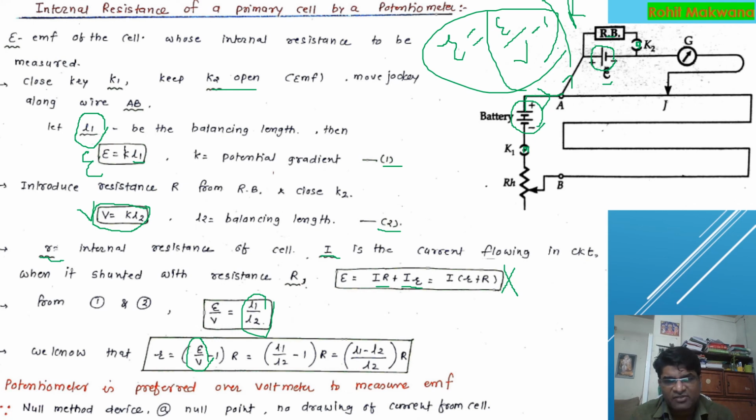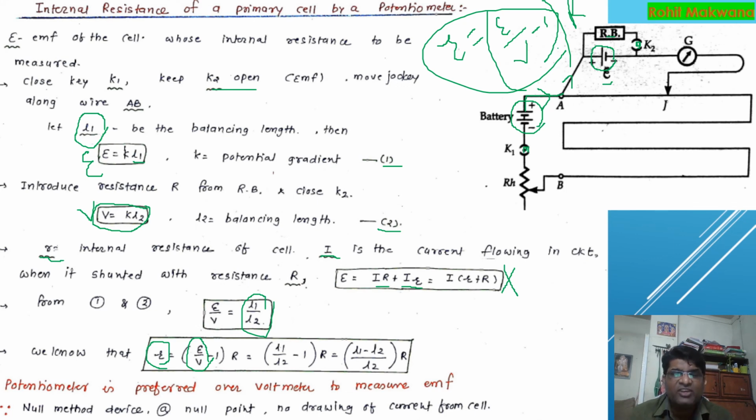You have discovered these values from the balancing, or by bringing the zero deflection inside the galvanometer. So this is your ultimate equation to find out the internal resistance r. Is that clear?